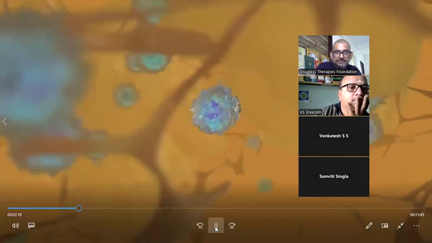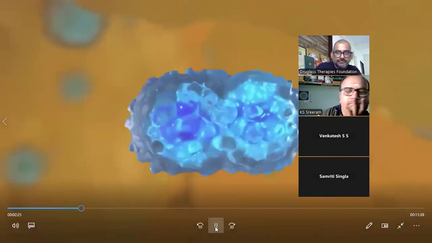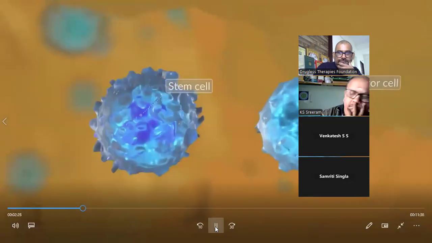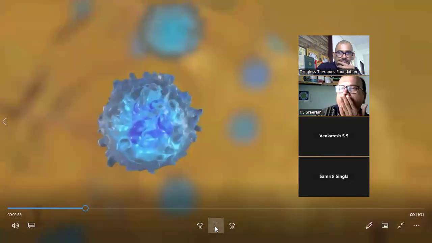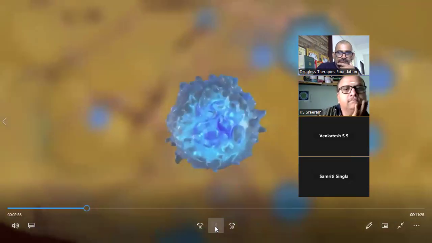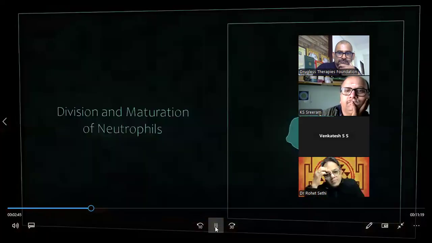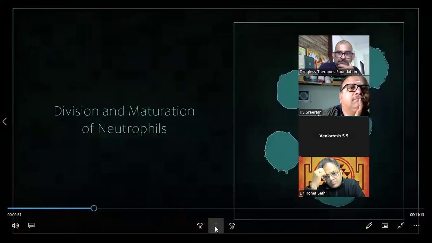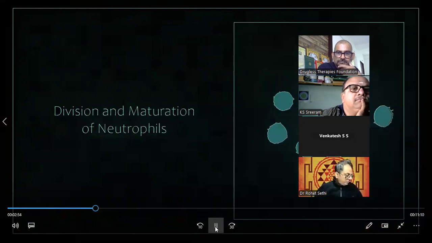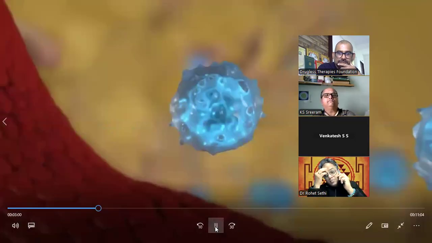The bone marrow has stem cells. It is the birthplace for many different immune cells, which we also call leukocytes. Stem cells divide to form daughter cells, asymmetric or symmetric. Symmetric cell division results in either two stem cells or two progenitor cells, as seen here. The progenitor cells divide again and again. Thus, a single stem cell becomes many immune cells or leukocytes. A common immune cell is the neutrophil.